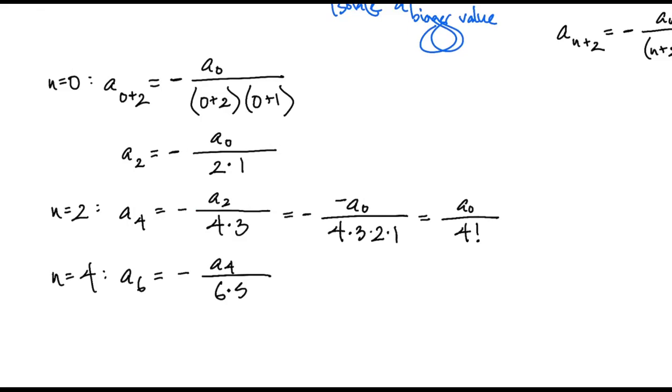The beauty about this is now, if I know a sub 0, I can find a sub 2. But if I know a sub 0, I can also find a sub 4. And we can sort of repeat this process. Instead of writing a sub 4, I'm going to write it as a sub 0 over 4 factorial.